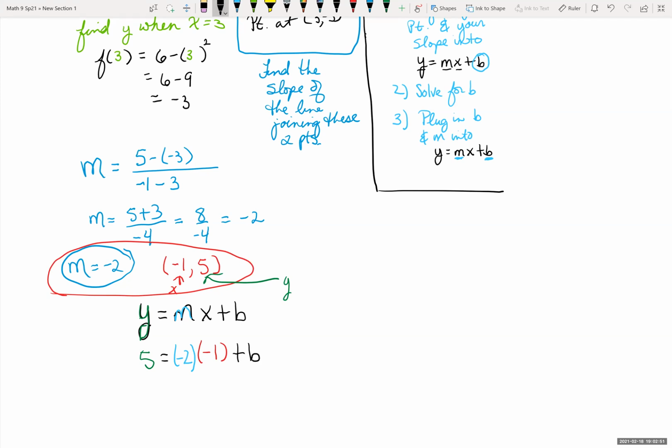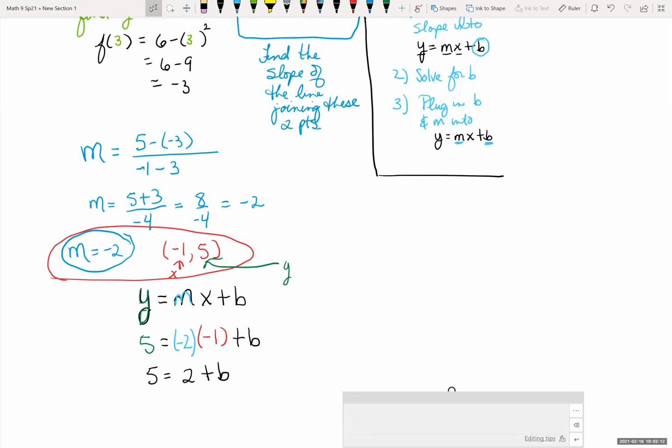Okay, so plugging in our point, plugging in our slope, we can now figure out what that b value is, our y-intercept. So we have 5 is equal to -2 times -1 is +2 plus b. We're solving for b, so we need to isolate this. It's a linear equation, so we subtract 2 on both sides. We get b is equal to 3.